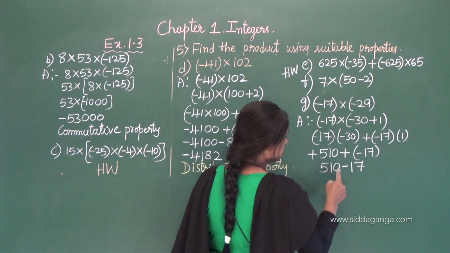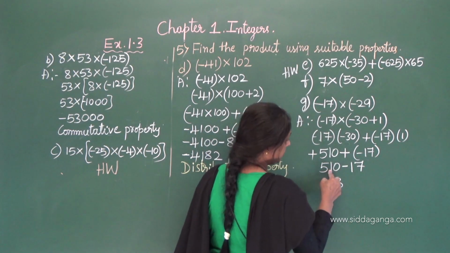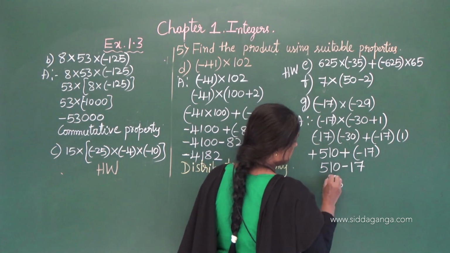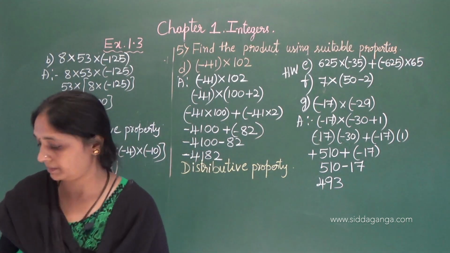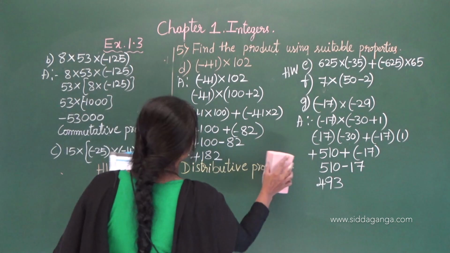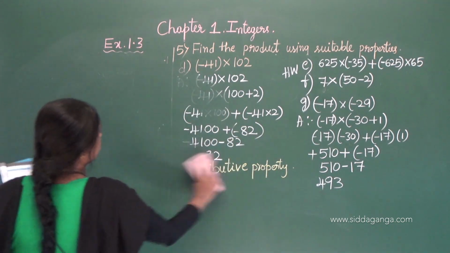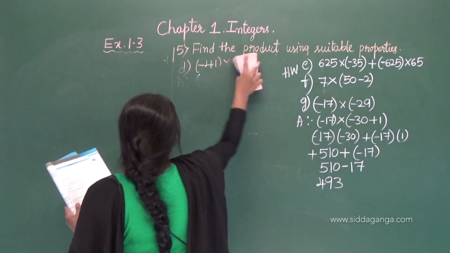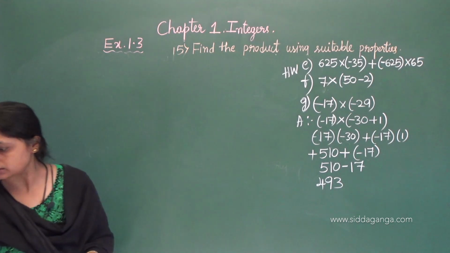Subtract 17 from this, it is 493. Okay, so the property used is distributive property. And we move to the next one, that is H.